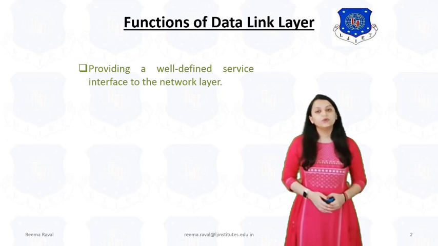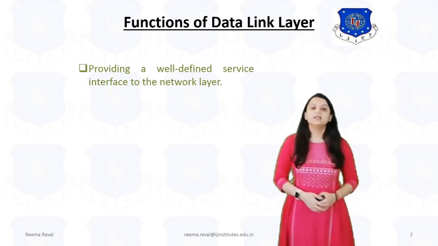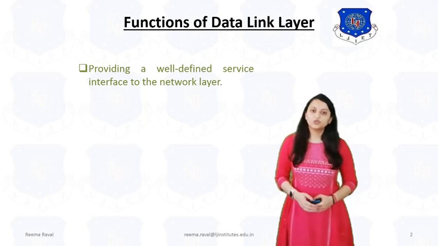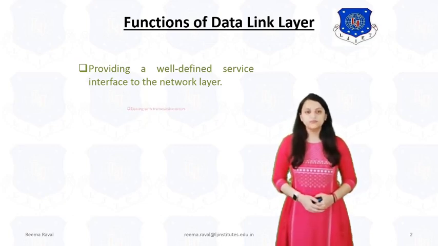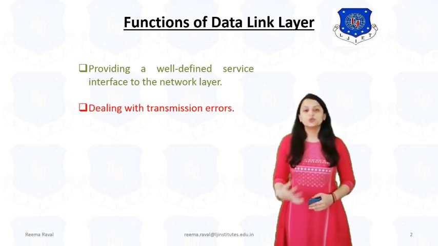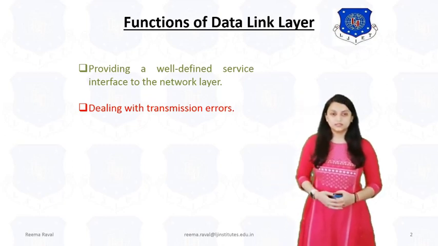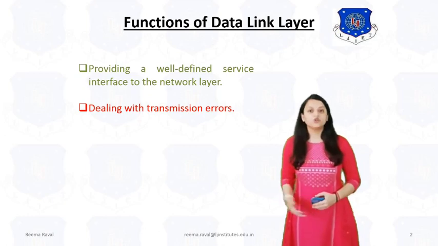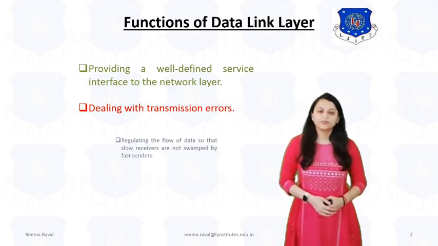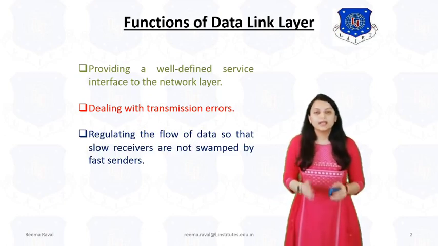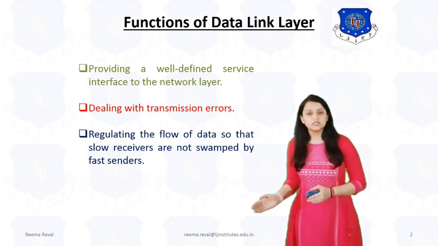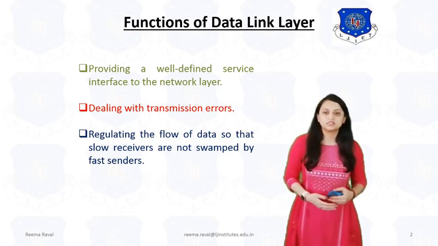So the biggest function of the data link layer is to provide a well-defined service interface to the network layer. Next, it should deal with the transmission errors. That means dealing with the transmission errors is also a main function of the data link layer. And the next is regulating the flow of data so that slow receivers are not swamped by fast senders.